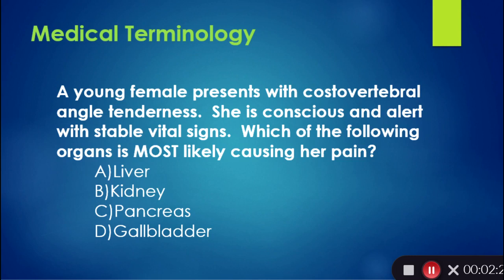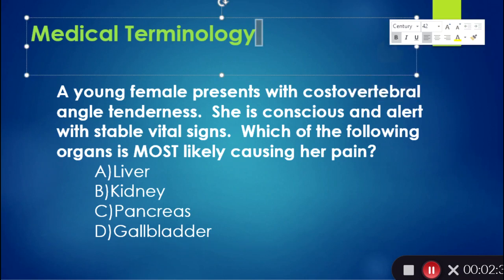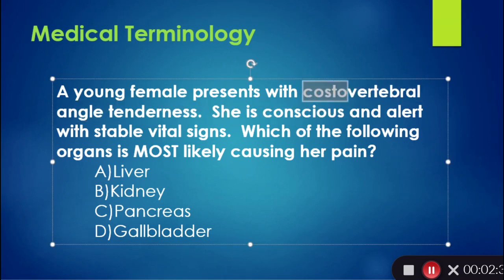Part of this word that I recognize is vertebrae. I know that's the spine, so I know this has something to do with the spine. Now this word right here, costo or cost, I have seen when we talked about the ribs.